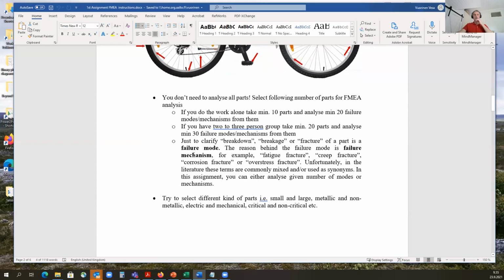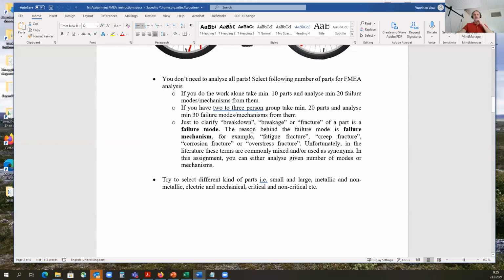So here is just a clarification of what the difference is between failure mode and failure mechanism. So fracture is a failure mode and fatigue fracture is a failure mechanism. So the mechanism is the reason behind that mode. And as I said, this is quite often, even in the literature, mixed up.